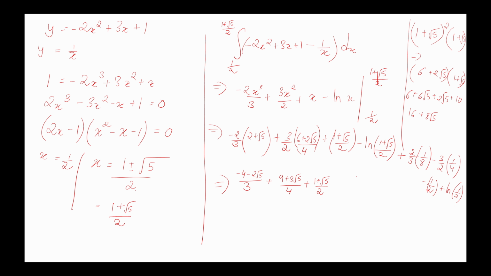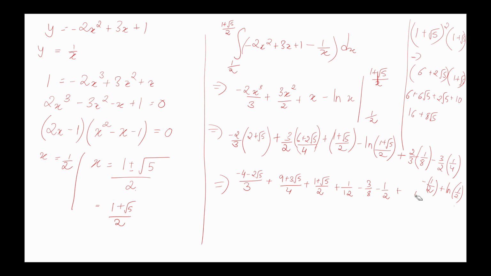Let's take all the constant terms together and keep the ln terms aside. From here we would have plus 1 by 4 3s, so this would become 12 minus 3 by 8 minus half, and here we would have plus ln 1 by 2.